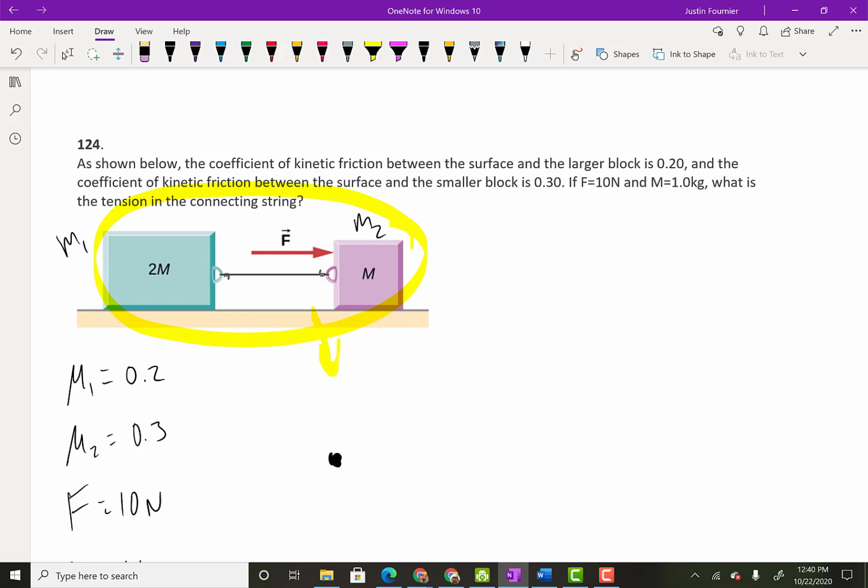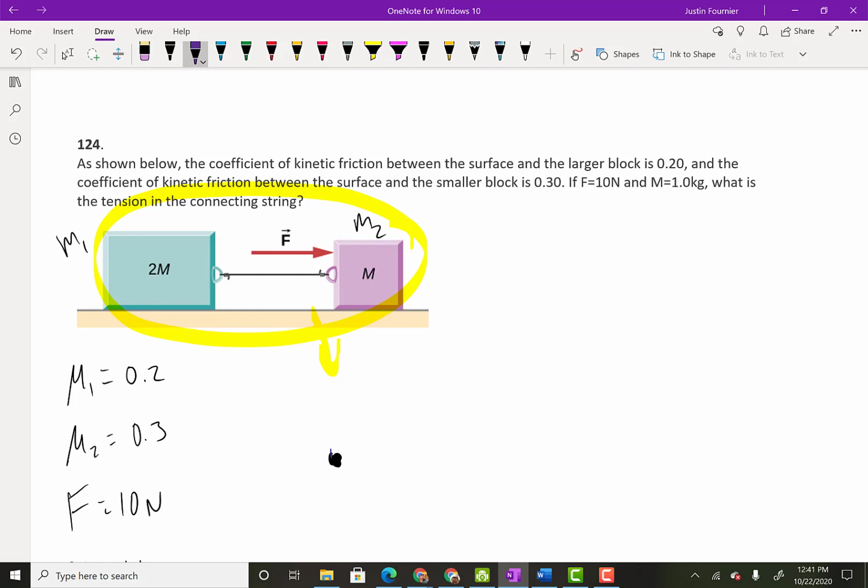Let's see how this works. Oftentimes I'll combine the masses and say, oh, it's all one normal force. It's fine, you know, type of thing. But I think it's going to be better to show the separate normal forces, I think.